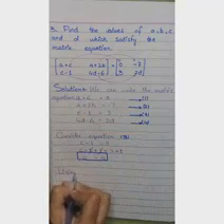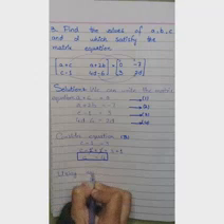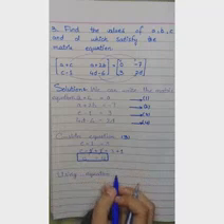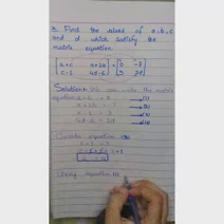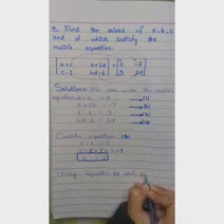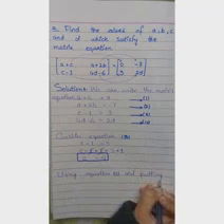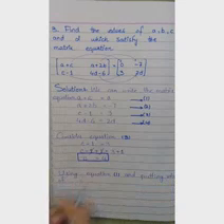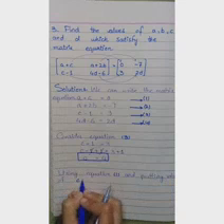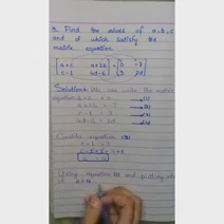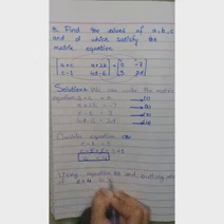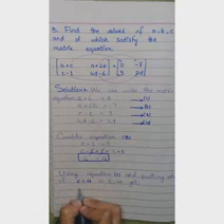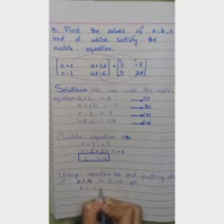So we can write now using equation 1 and putting the value of c equals to 4 in it, we get a plus c equals to 0.